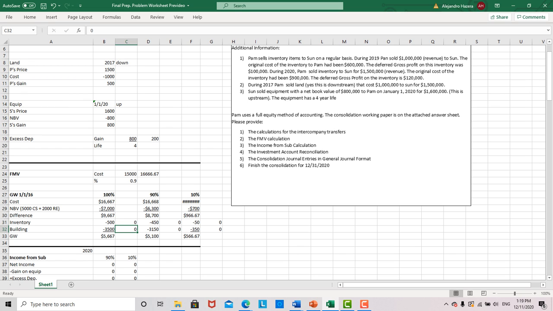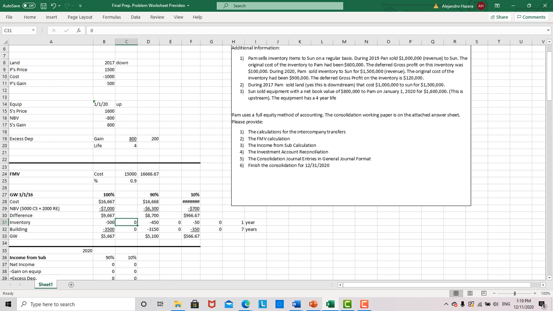The inventory has a 1-year life, and I'll put a year here. The building has a 5-year life, or excuse me, the building has a 7-year life, so I'm going to make that 7.